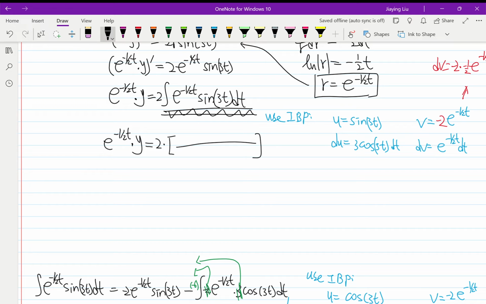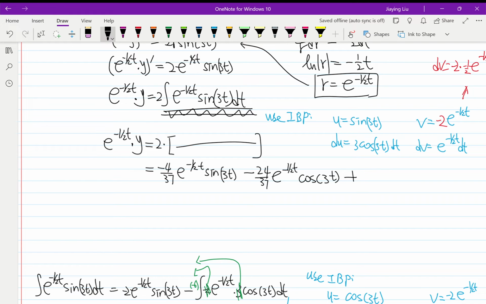And I'm going to distribute the 2, so when I distribute the 2, I get negative 4 over 37 e to the negative 1/2 t sine 3t, and then minus 24 over 37 e to the negative 1/2 t cosine 3t, and then plus c times 2.